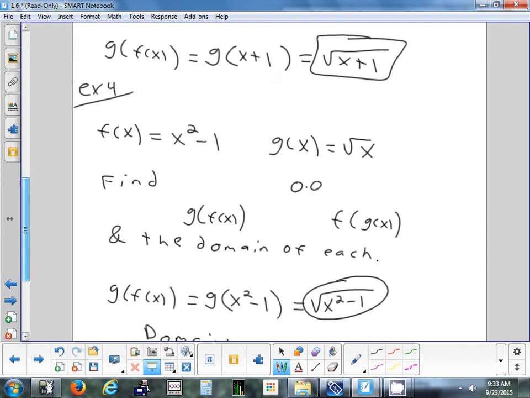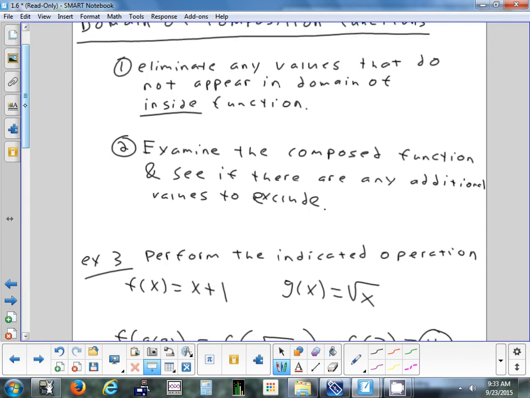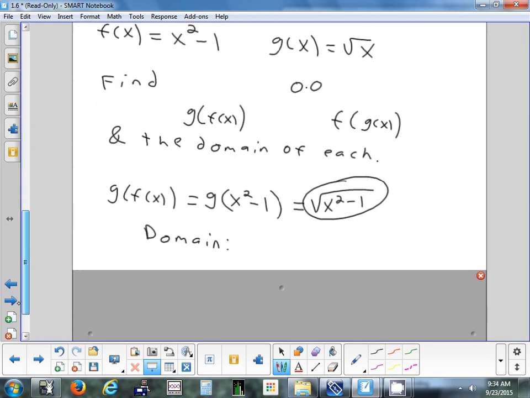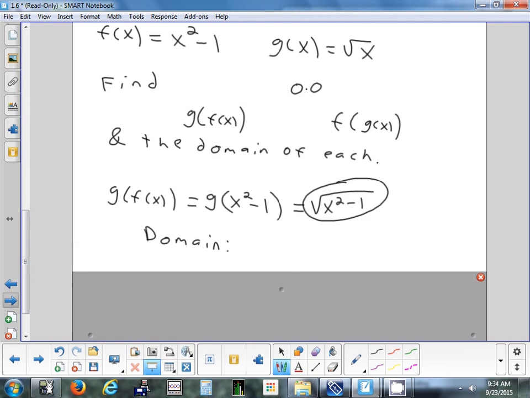All right. Second step. Look at the composed function. Okay, look at your final answer and see if there's anything we need to be careful of there. What do we want to happen under this square root? We're going to make sure x squared minus 1 is what?